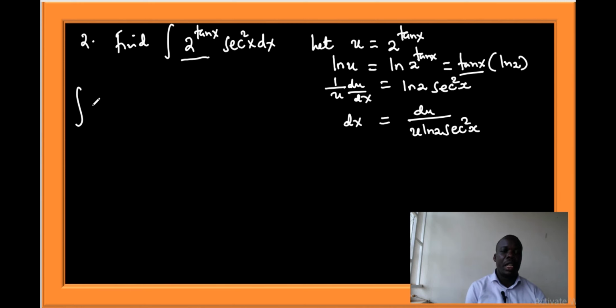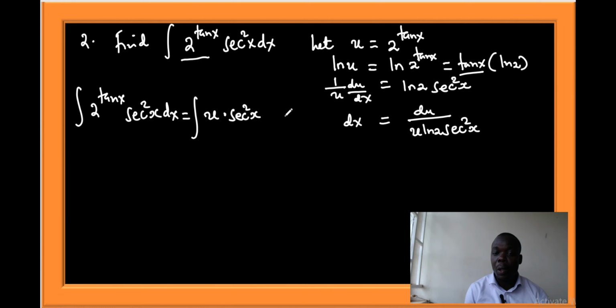So I would now say the integral of 2 power tan x sec squared x dx is equal to the integral of 2 power tan x, we call it u. Now sec squared, I can first maintain it, but it's going to cancel out because when I substitute for x, which is the u, out of u ln 2 sec squared of x, the sec squared x will definitely cancel.